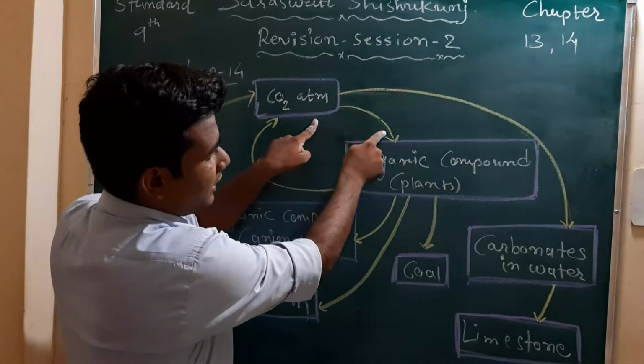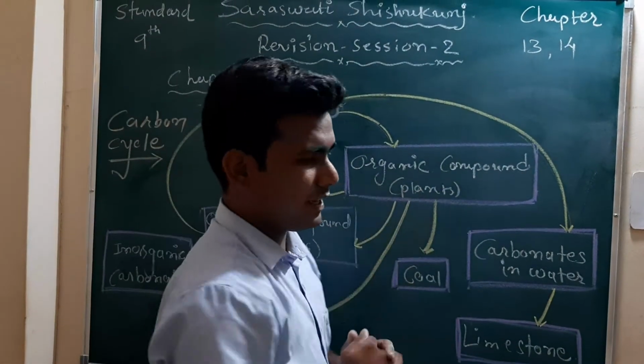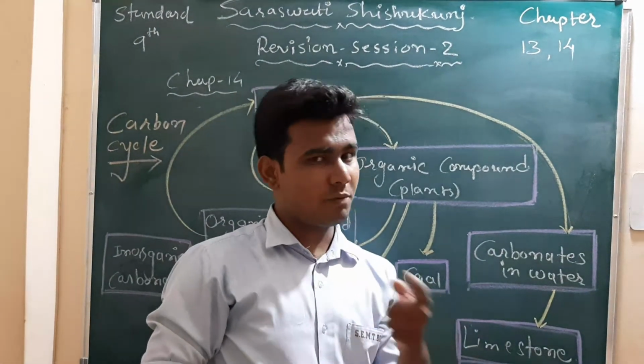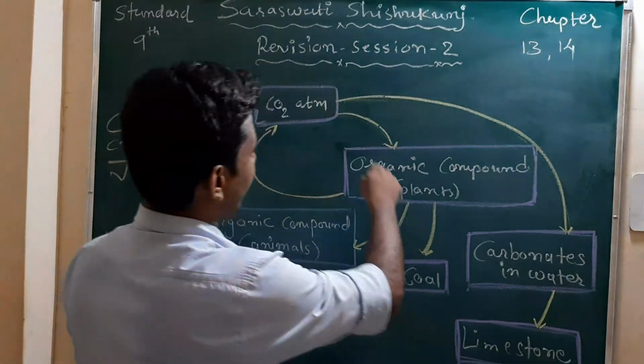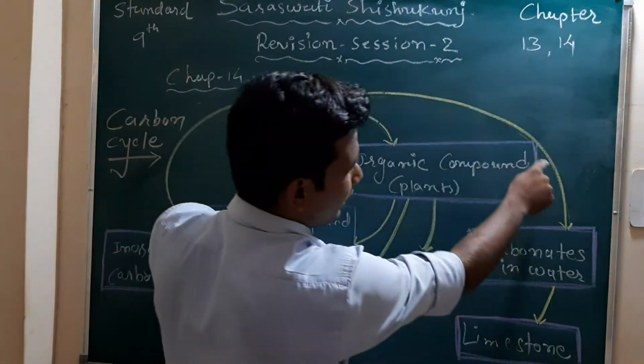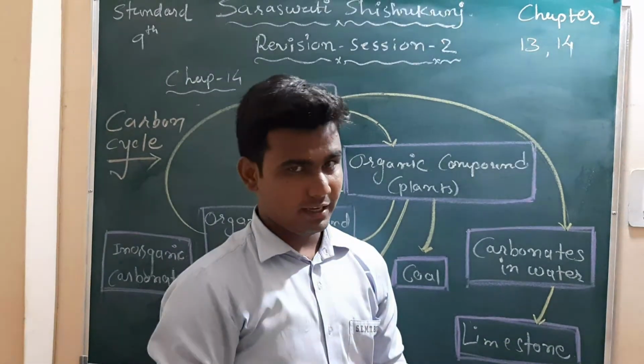So here you can see that first it is used by plants. In the process of photosynthesis, plants use carbon dioxide and water, that we know. The second way is that carbon dioxide is in the form of carbonates in water, right?